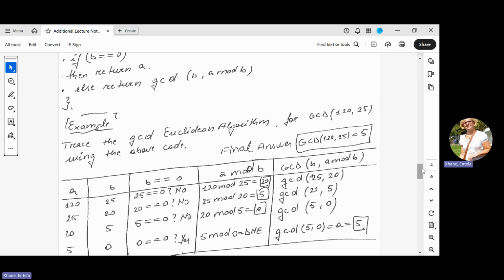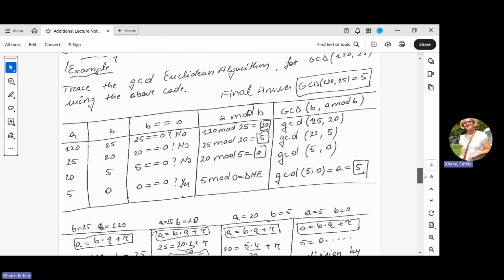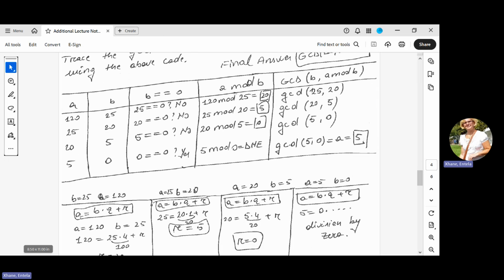So what we do in this case, we start with the value 120, and then we divide 120 by the divisor 25. Let's look at the numbers. 25 goes into 120 4 times. 4 times 25 is 100.